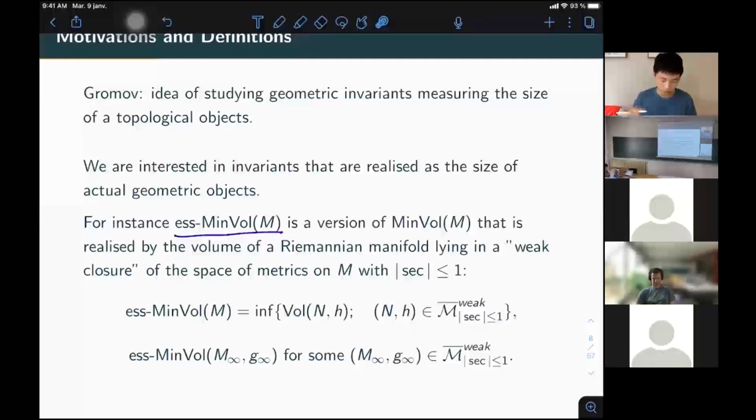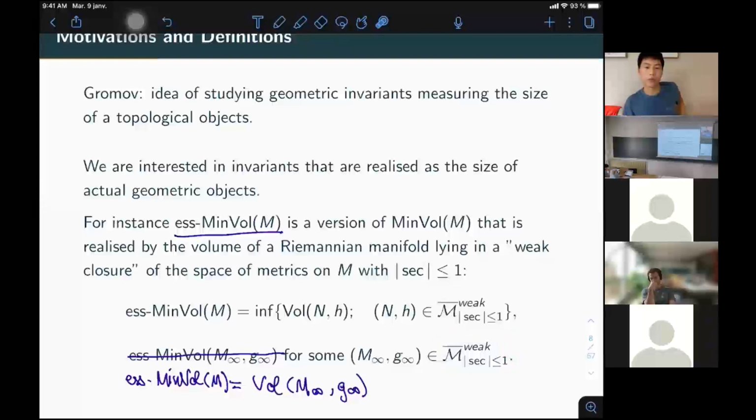And moreover, again by Cheeger, the essential minimum volume is realized. So it is the volume of something, and this something is lying again in that weak closure of the space of metrics with sectional curvature bounded by 1. So this is the kind of invariant I'm interested in. And in low dimension, the essential minimum volume and the minimal volume are equal.